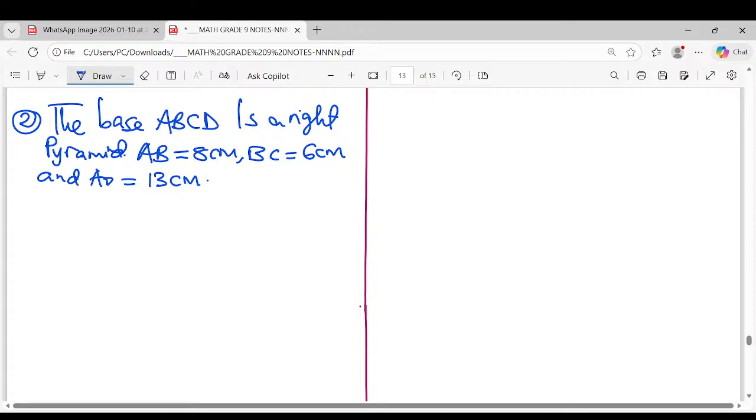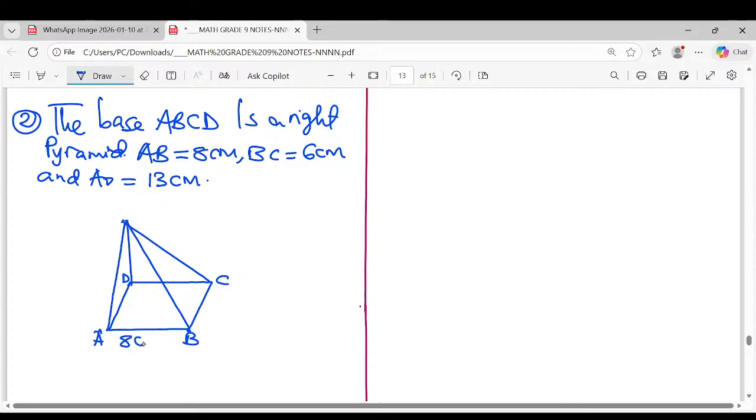Then here is your pyramid. So this is A, B, C, D. This is 8 centimeters, 6 centimeters.